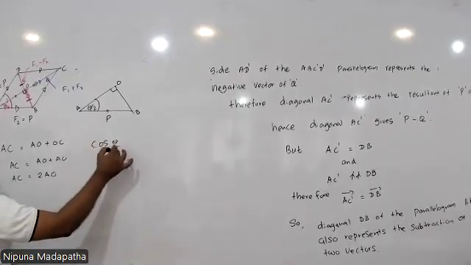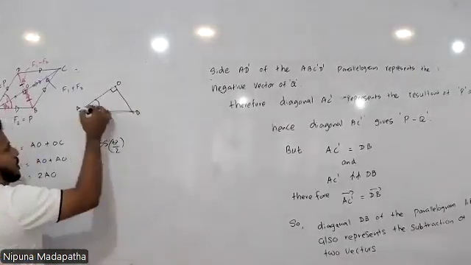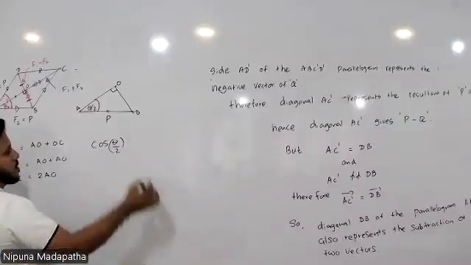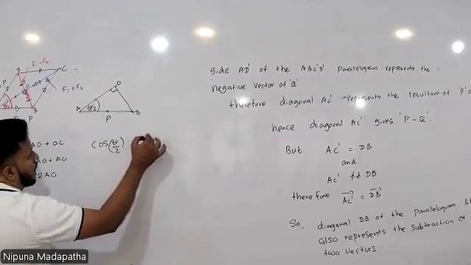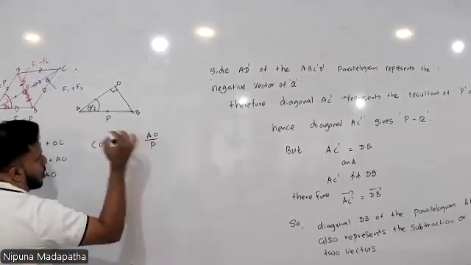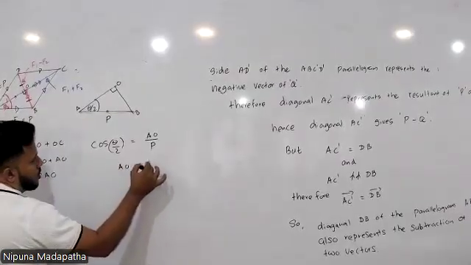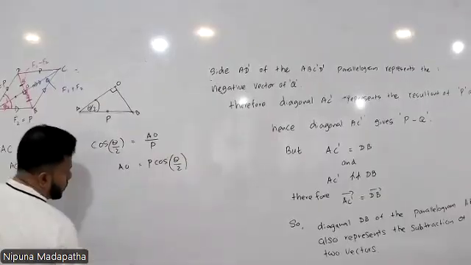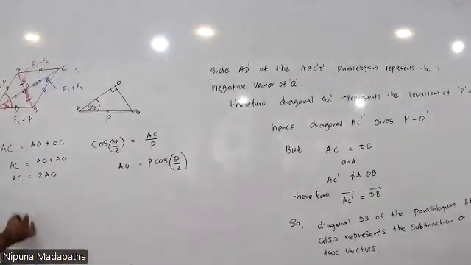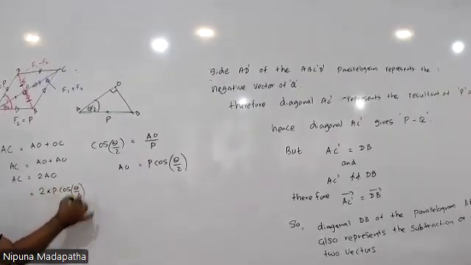Cos theta over 2 is the adjacent side over the hypotenuse. So cos theta over 2 is AO over P. So AO equals P cos theta over 2. So AC equals 2 AO, which is 2P cos theta over 2.